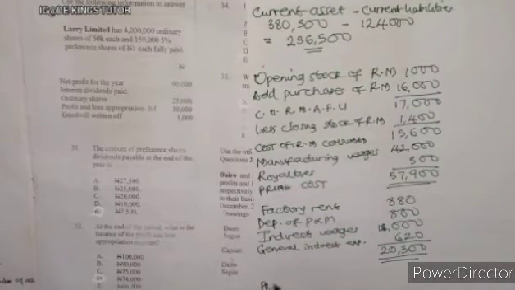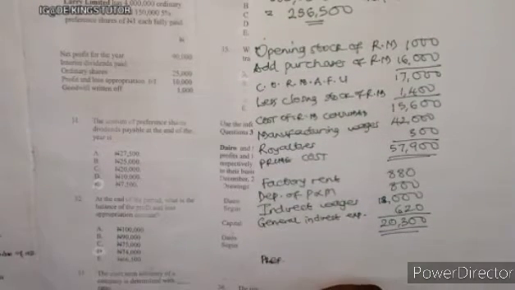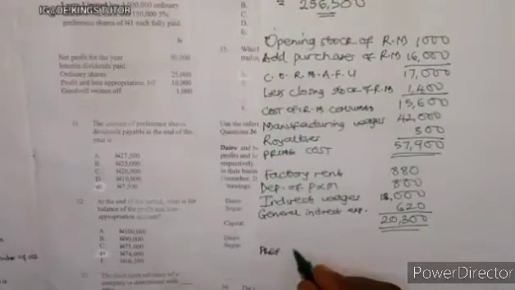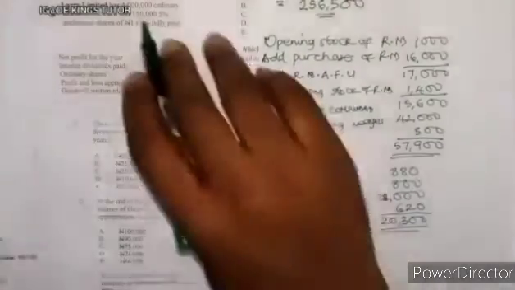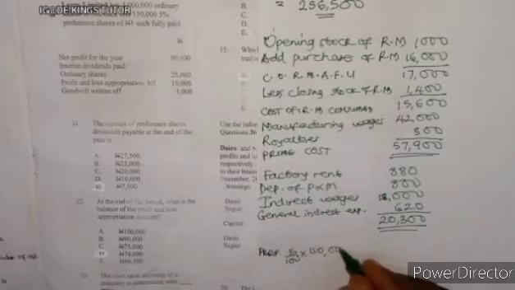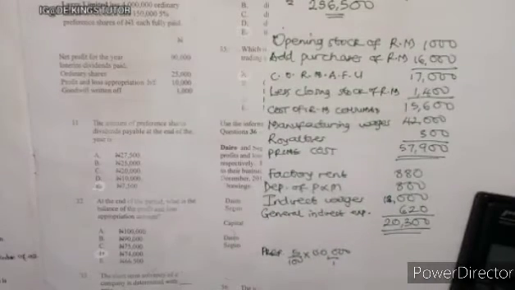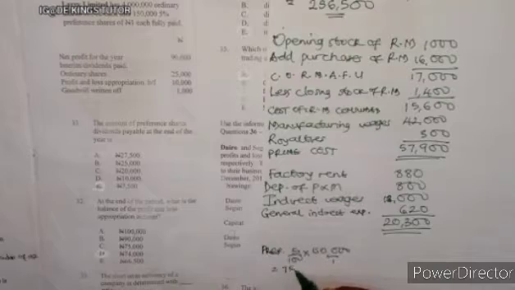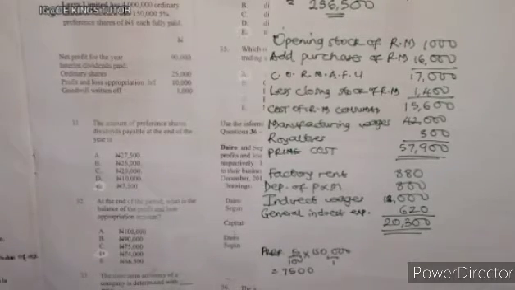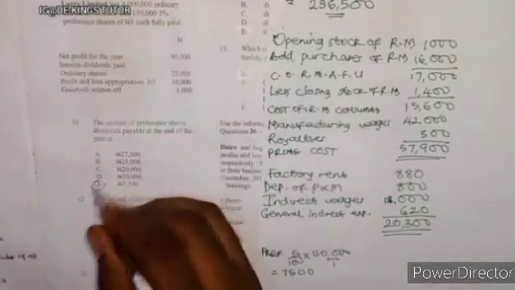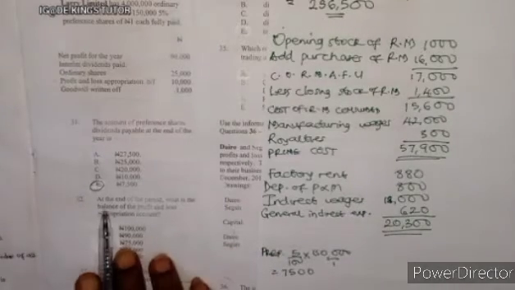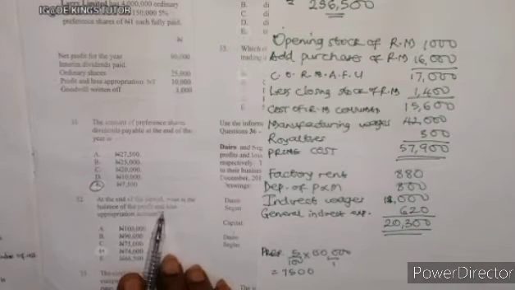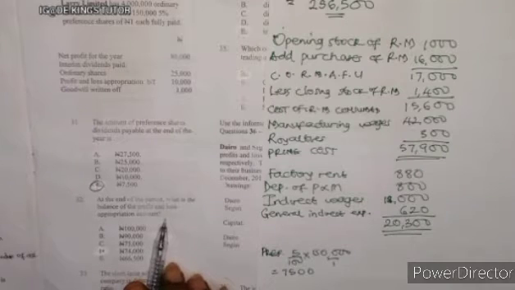So the preference shares dividend will be 5% times 150,000, which gives us 7,500. That is E. Next, at the end of the period, what is the balance of the profit and loss appropriation account?